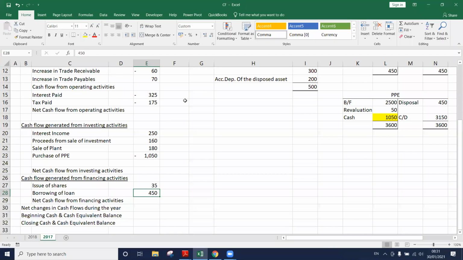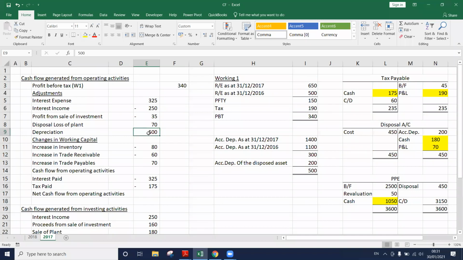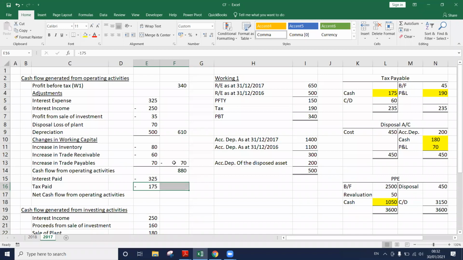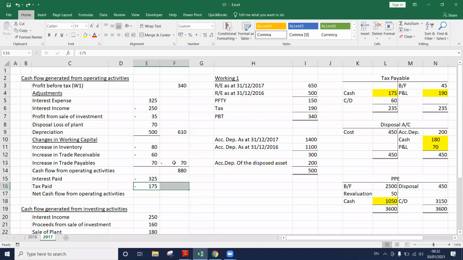So now we can finish this one. Here, cash flow from operating activities. We have a positive cash flow of 880. Right? And after deducting the interest and tax amount we have paid, right, we have net cash flow from operating activities worth of 380.